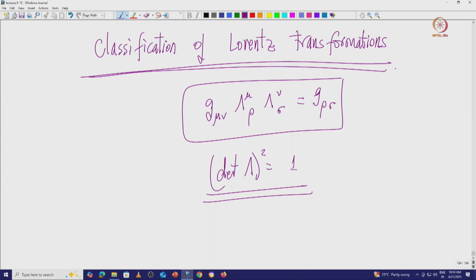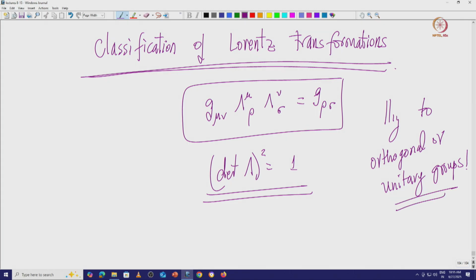This is exactly like what happens in any orthogonal group or unitary group, but they are not exactly orthogonal or unitary groups.